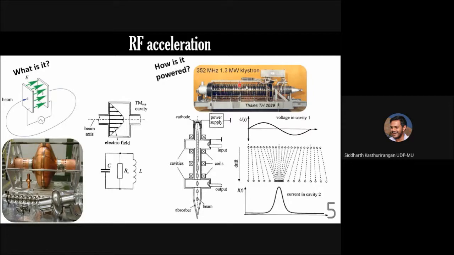These klystrons take a lot of power, and at output they also give out a lot of power. So you need to take a lot of precautions when operating the klystron type of generator. You can see that this particular one is a tabletop kind of model. It is a 1.3 megawatt klystron, so it can have extremely high power output. This kind of klystron generator is used for powering these RF cavities.